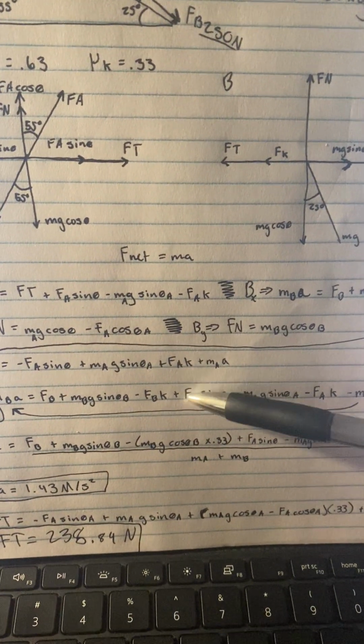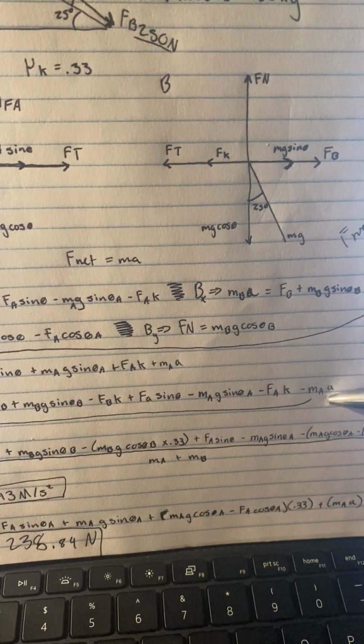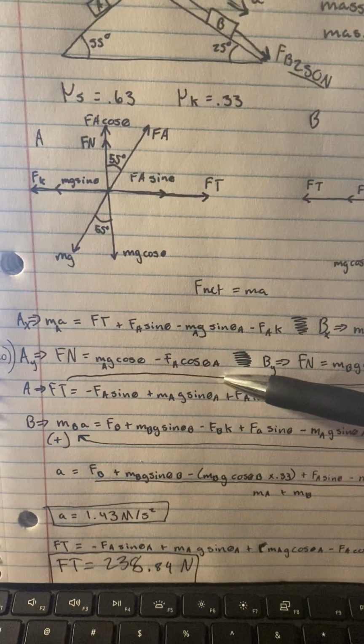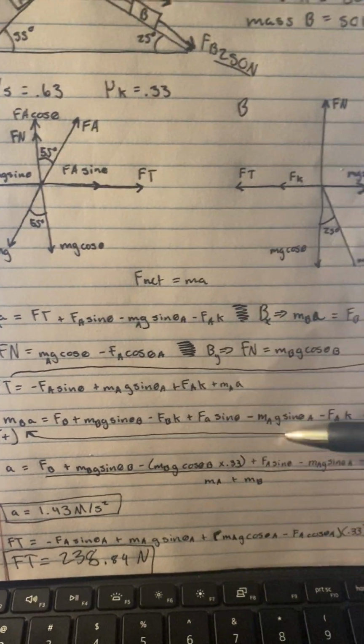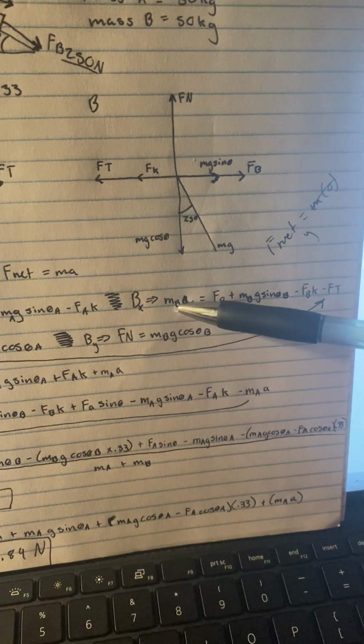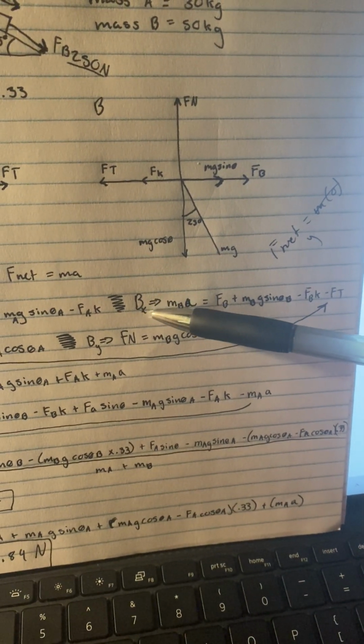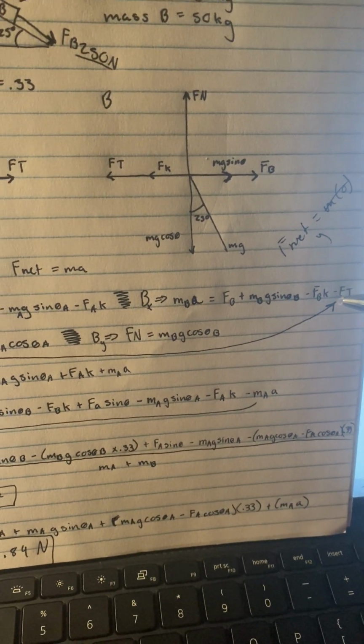From here on is the same equation we were given for F_T, except all the signs are flipped, as in B's x direction equation, it's minus F_T.